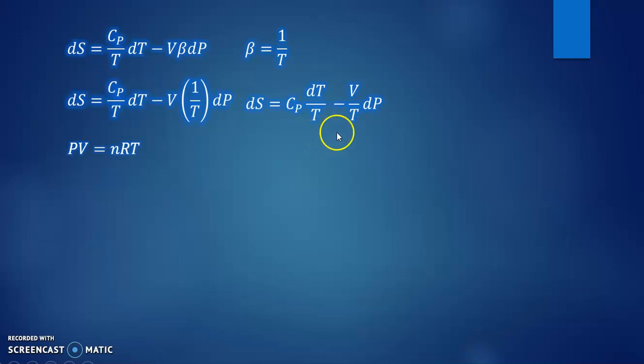And so now, in order to integrate this differential equation, we need to write all these terms just in terms of temperature, exactly like this term. And in this term also we need a term only with pressure. In order to do that, we need to use the ideal gas equation.